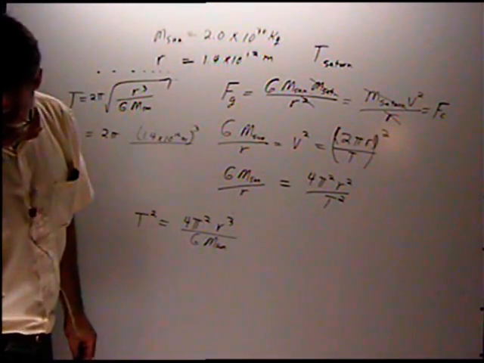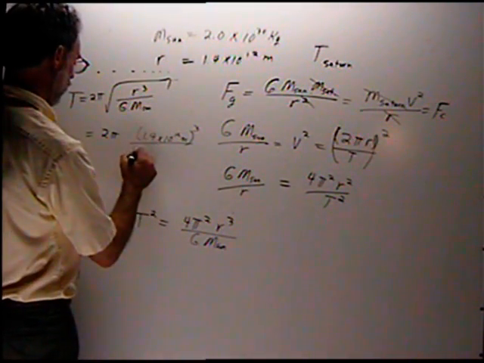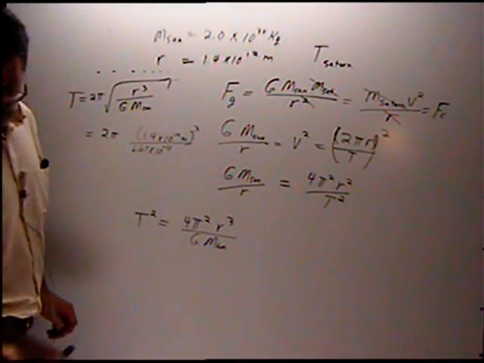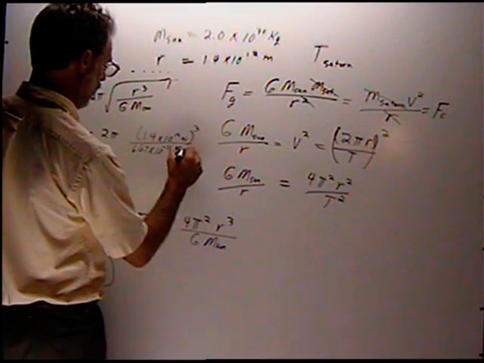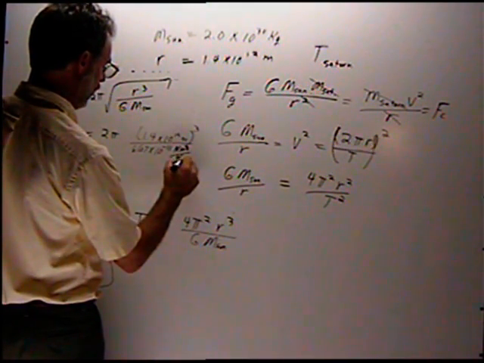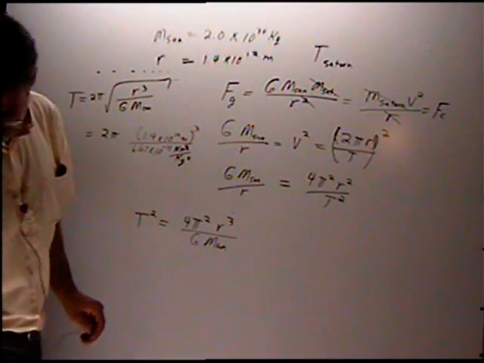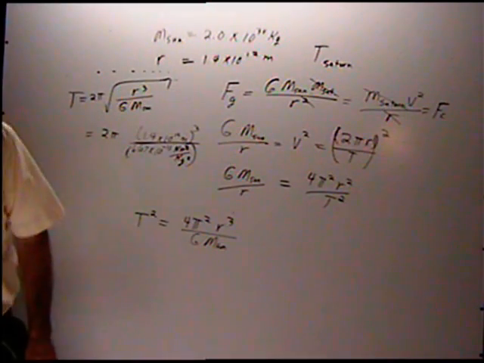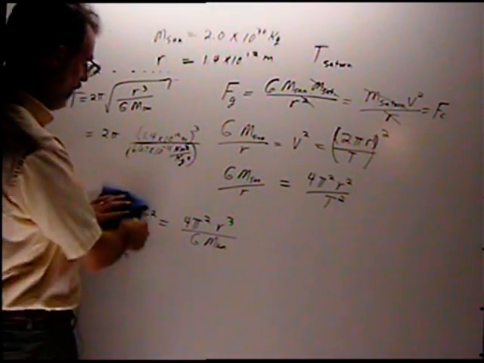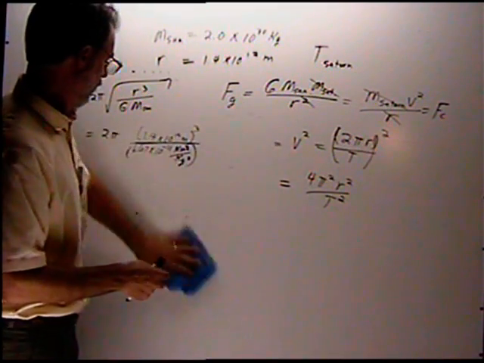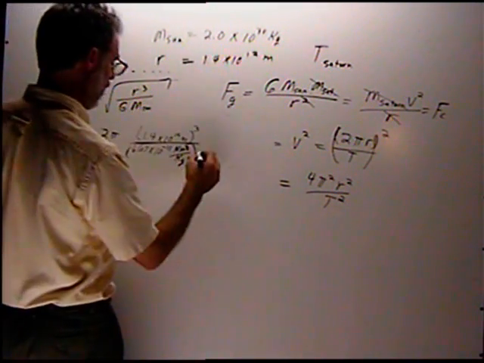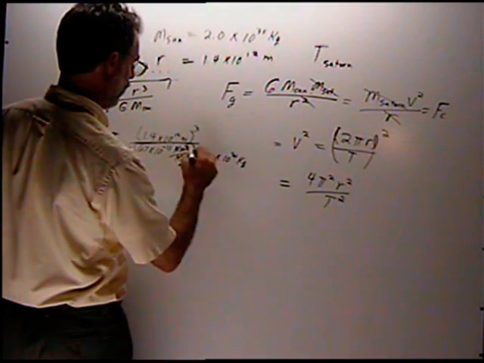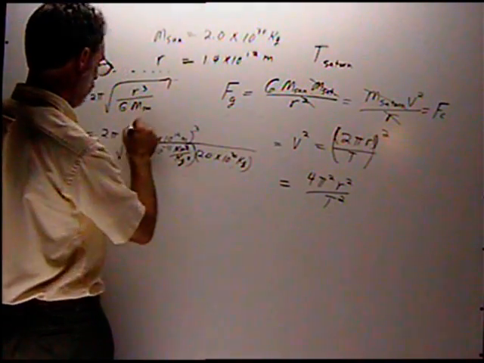And g is 6.67 times 10 to the minus 11 Newton meters squared per kilogram squared, times the mass of the Sun, 2 times 10 to the 30th kilograms, and I have to take the square root of all of that.